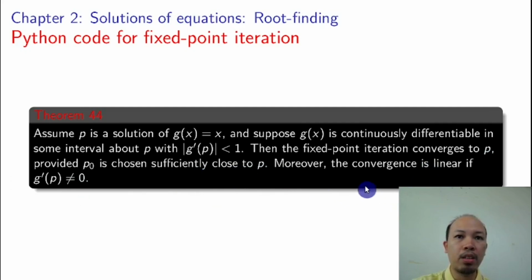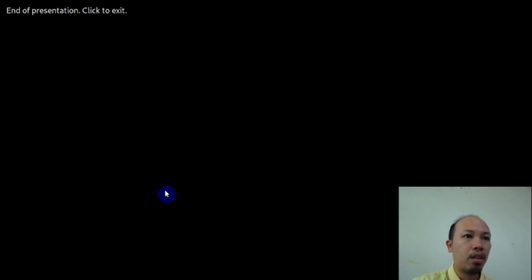Moreover, the convergence is linear if this one is true. Okay, so you can find a proof on the internet, or maybe I'm going to give this one as a problem set. Okay, so that's it for this topic.